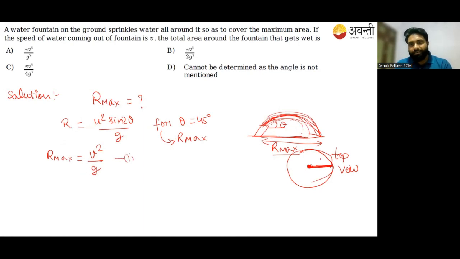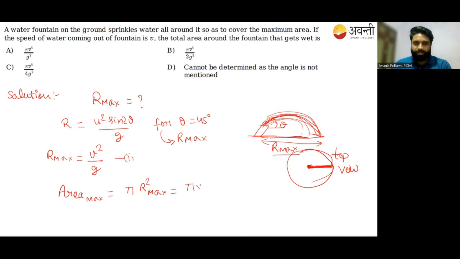Now, what is the area covered by this? This range behaves as the radius, so if I cover the circle with the maximum radius, the area would be maximum. Area maximum is equal to pi r square, the area of the circle.